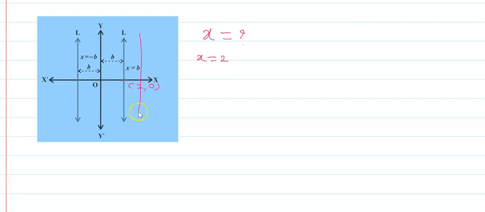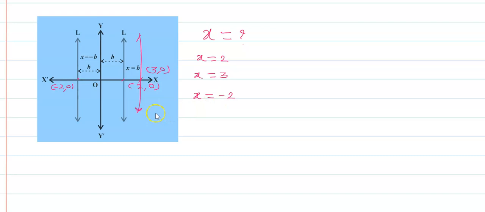Suppose the line intersects here at the point (3, 0), and therefore its equation is x equals 3. Next, here the line intersects at the point (minus 2, 0), and therefore the equation of that line is x equals minus 2.